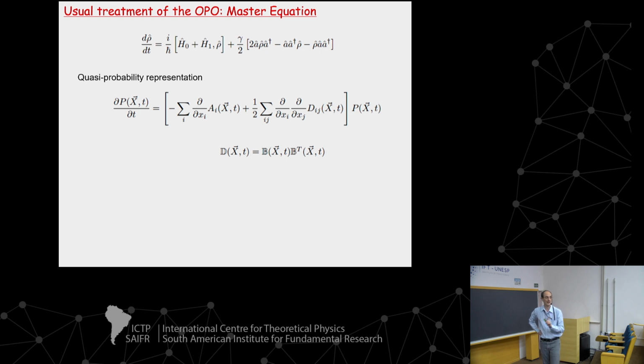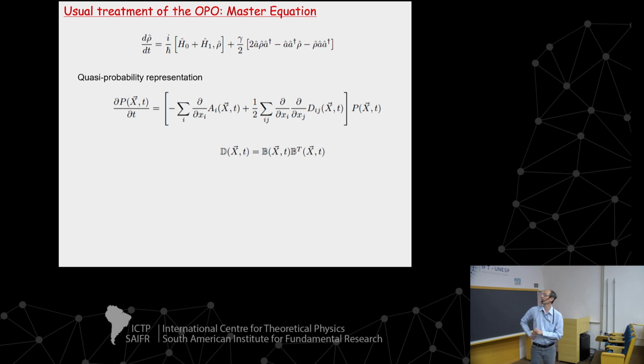That's something that I have evaded along, but it only comes here. When you have the density operator, you can rewrite that as a quasi-probability representation, and then this equation will be translated into an evolution in time, and all these operators will be related to derivatives on the quadratures.